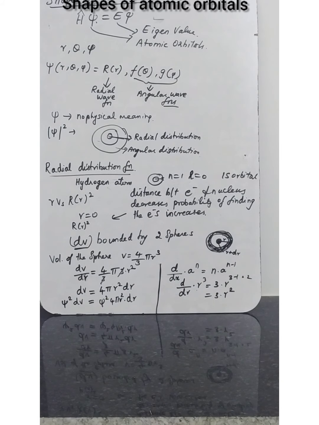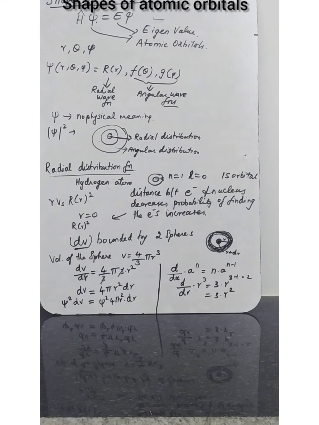Therefore psi of r, theta, phi is equal to R of r, f of theta and g of phi. The first one, R of r, is called the radial wave function and these two are called the angular wave function.